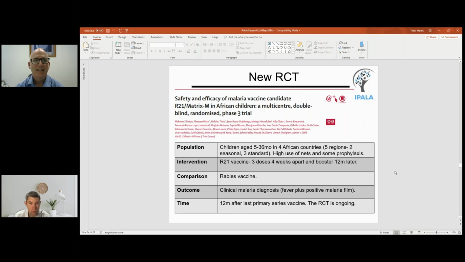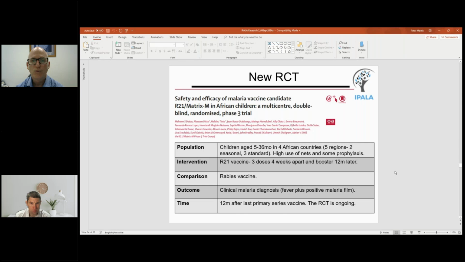So this was a safety and efficacy study of the R21 malaria vaccine, and it was published in the Lancet a few months ago. The population were children aged 5 to 36 months in 4 African countries.